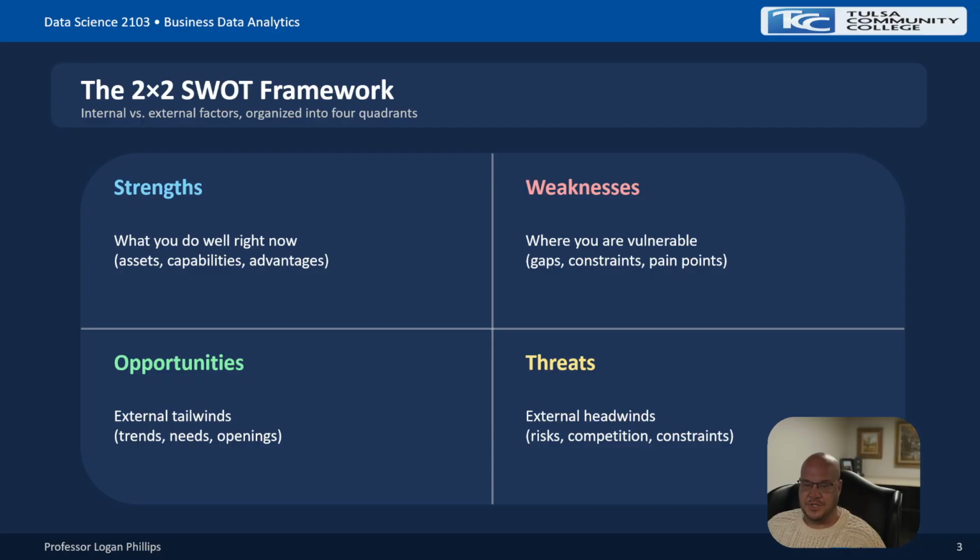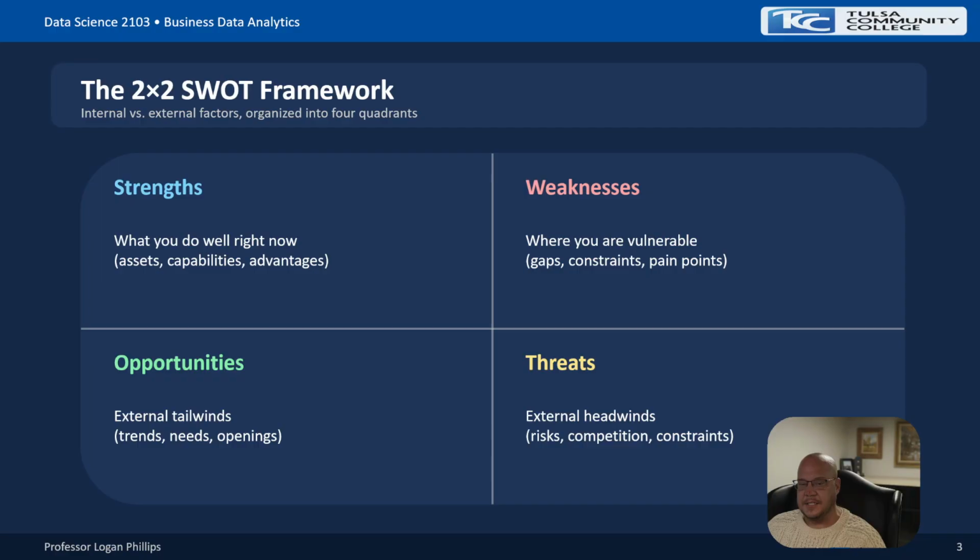Things like gaps, constraints, pain points, any bottlenecks you have, things that reduce performance or increase the risk. Opportunities are external tailwinds, trends, needs, openings, growing demand, underserved groups, things that you can capitalize on. And threats are external headwinds, risks, competition, constraints, regulations, economic shifts, things that could hurt outcomes.